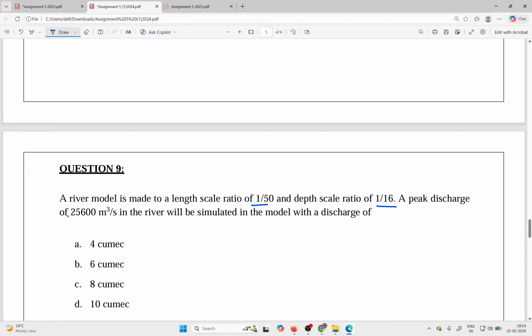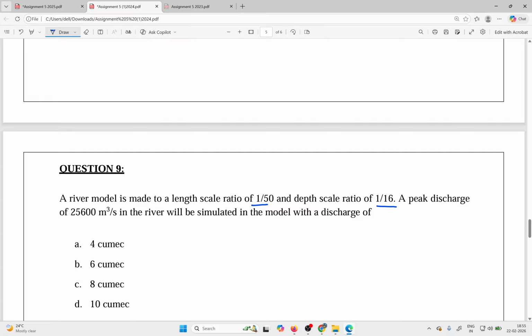A peak discharge of 25600 meter cube per second in the river will be simulated in a model with a discharge of, very important please, the length scale ratio here you are using 1 by 50, and the depth scale ratio you are using 1 by 16.